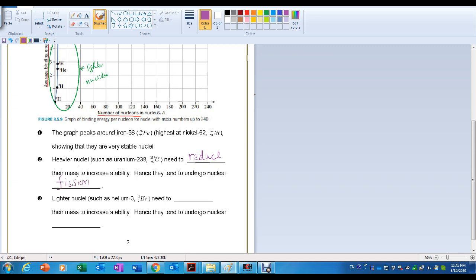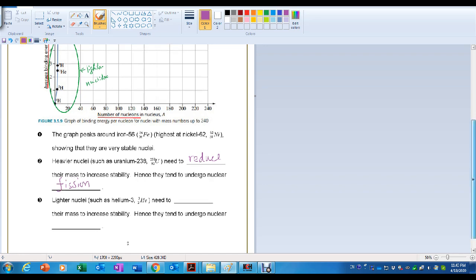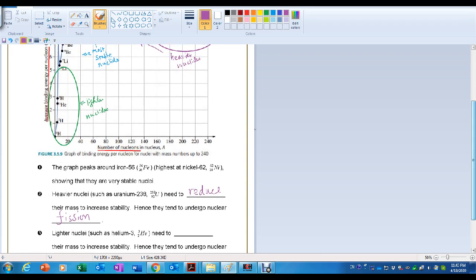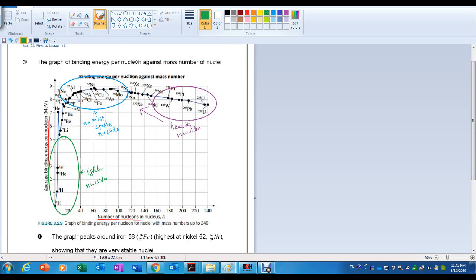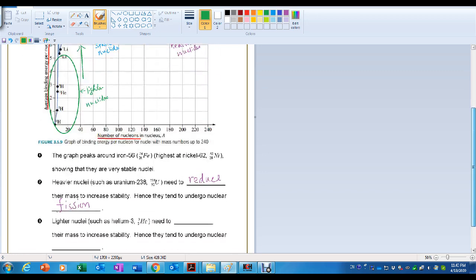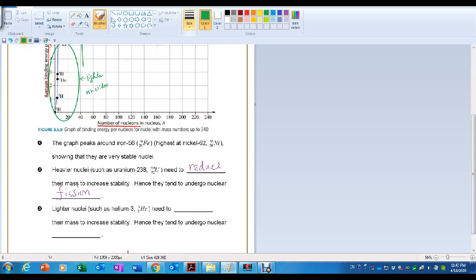Fission means getting smaller. Okay, lighter nuclei need to what? Because they are here, they are not stable enough. So they tend to move in this direction, and you see the mass number must increase, right? So lighter nuclei need to increase their mass to increase stability.